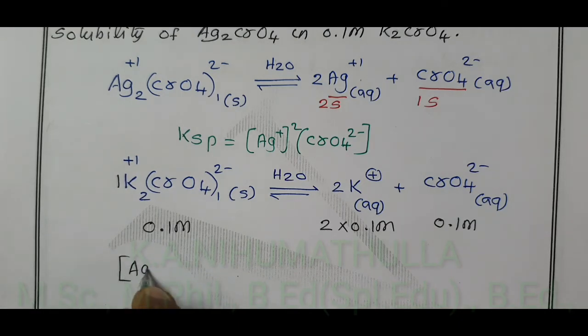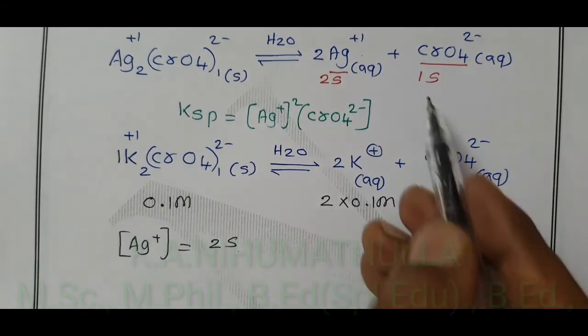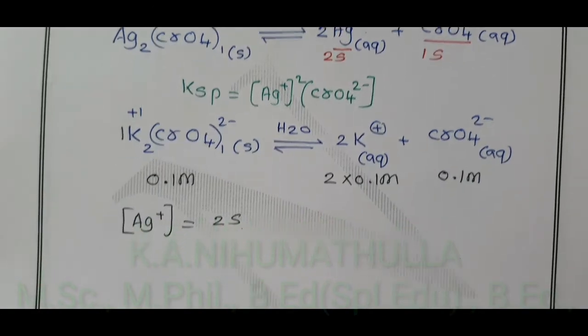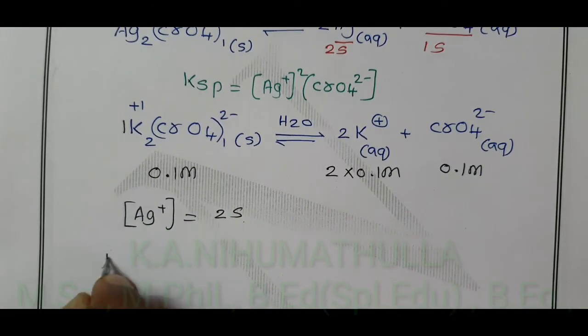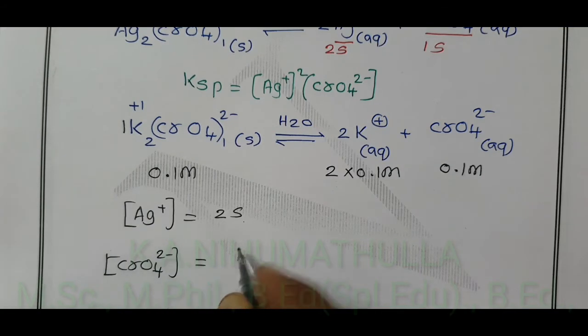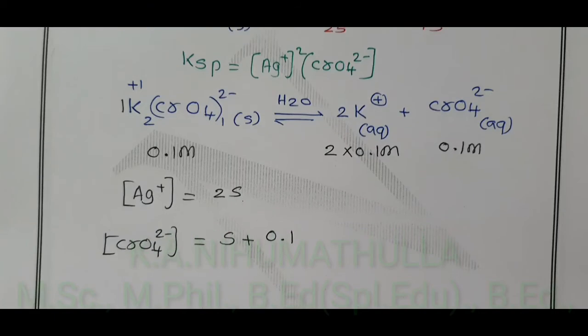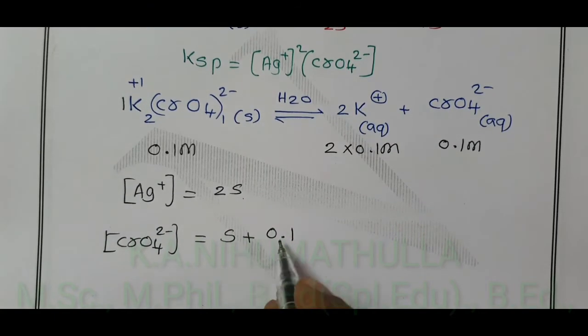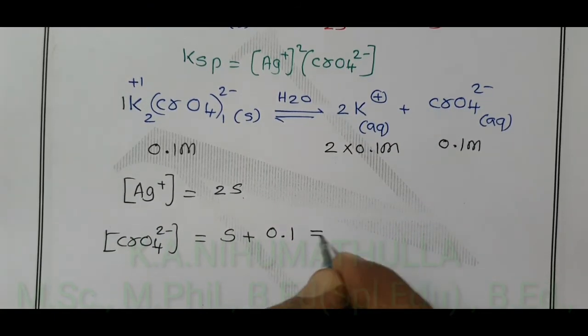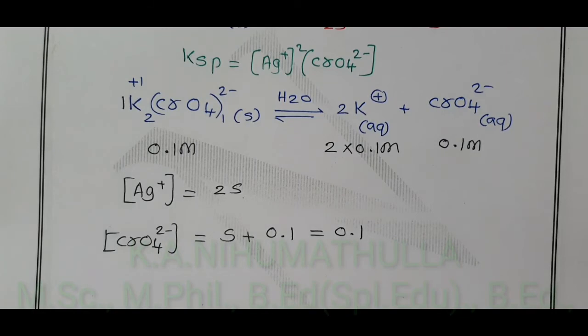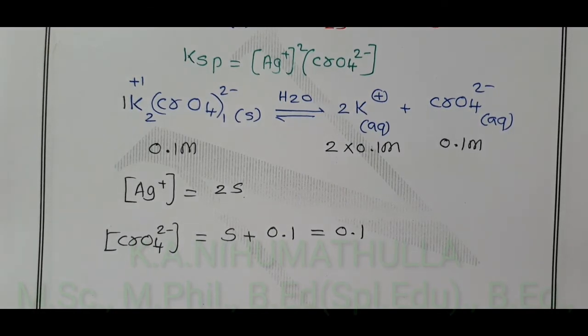Ag plus ion concentration is equal to 2S, and chromate ion is present in two equations, here S, here 0.1. So chromate ion concentration, CrO4 2 minus ion concentration, equals S plus 0.1. We know when compared with any number, the S value is negligible, therefore 0.1. Substitute these two values in the solubility product formula.